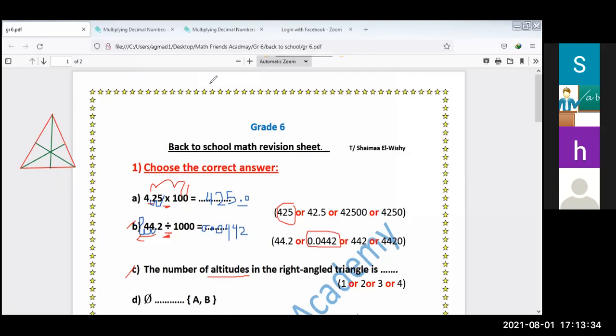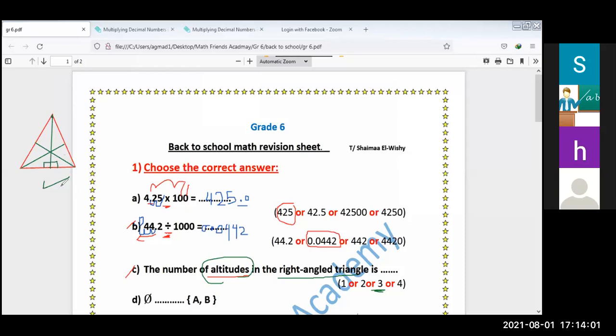Again, any triangle, acute angled triangle, obtuse angle triangle, right angled triangle, how many altitudes can we draw or see? We have three. Again, what is the meaning of altitude? It's the height or the perpendicular line from the vertex to the opposite base that makes two right angles like this.